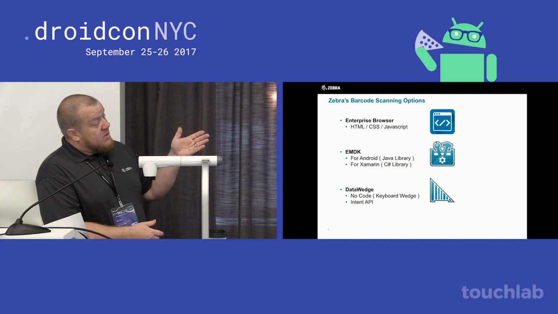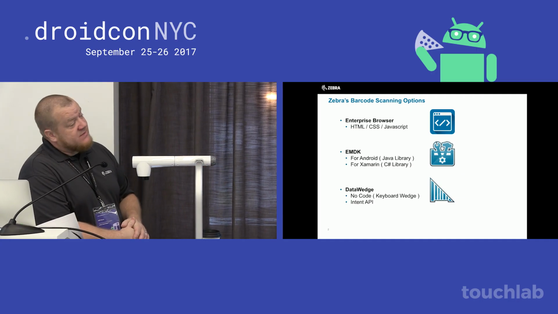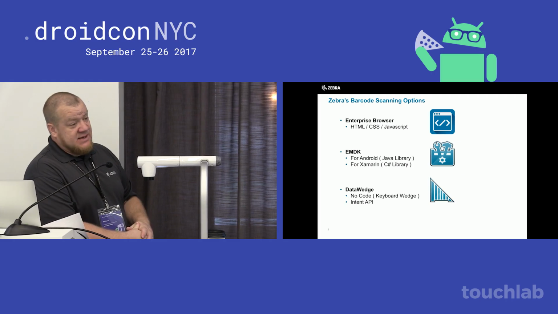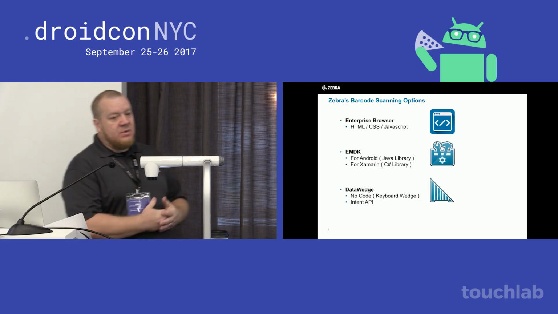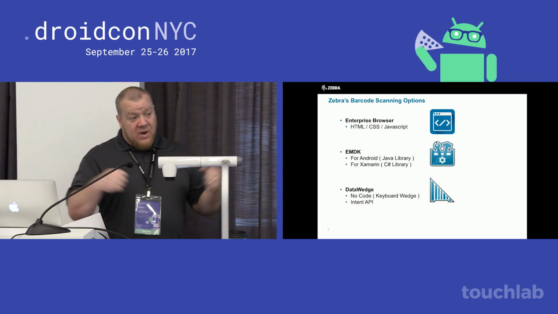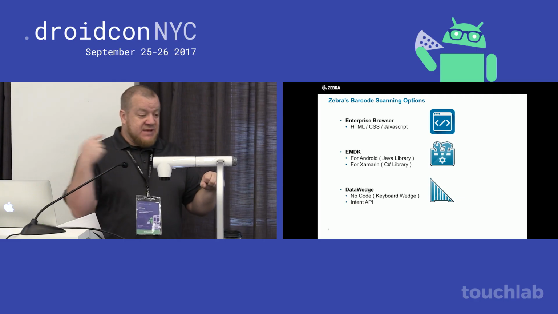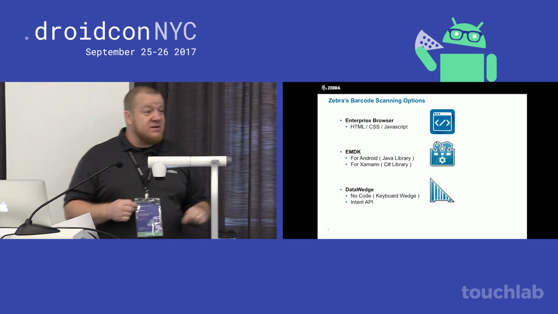And then lastly, we have a tool called DataWedge, and that's what I'm actually going to be talking about today. DataWedge gives you the ability to basically integrate barcode scanning into your application without writing any code to begin with. What it is, is a background service that hooks into our scanning framework and works like, I don't know if you're familiar with how scanners used to work in point of sale systems, and I think they still do today, they have a wedge that the keyboard plugs into, going into the terminal, and then your scanner plugs into this wedge, and then it acts as though you're typing those characters into the form fields in the terminal.